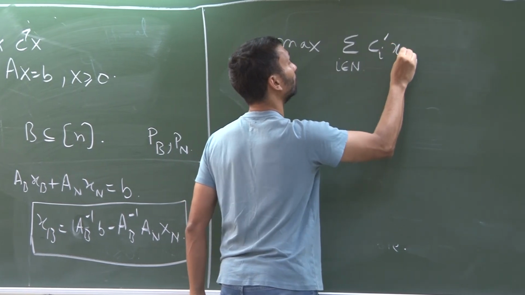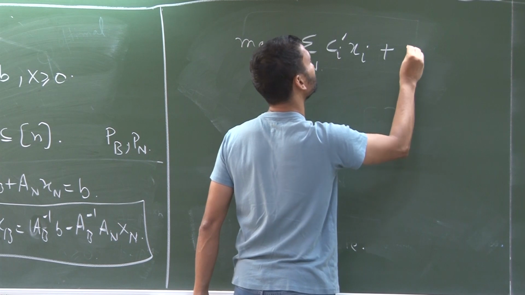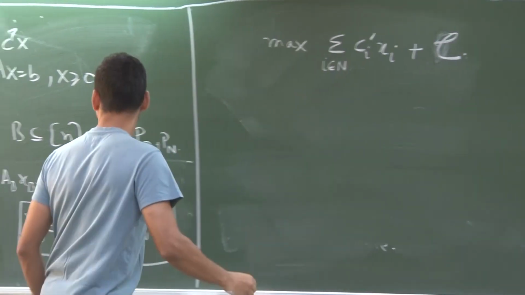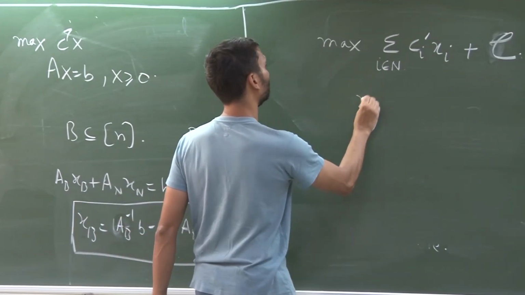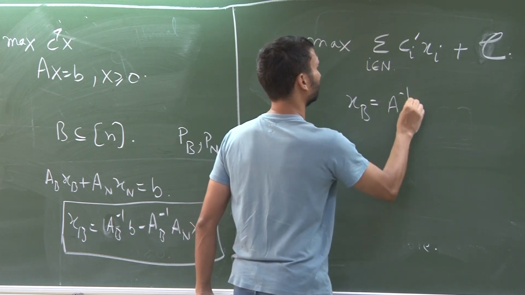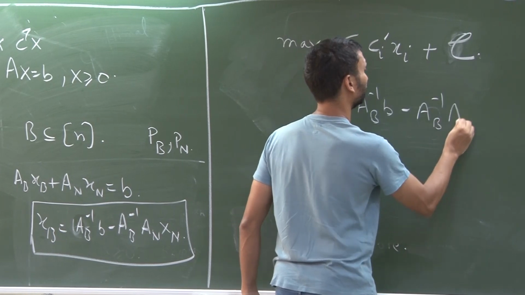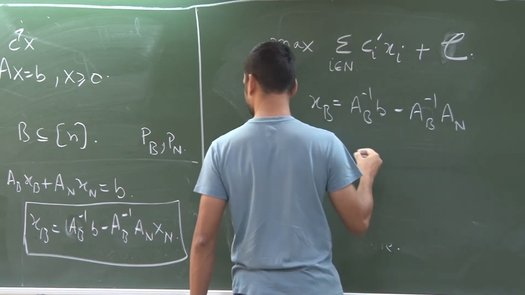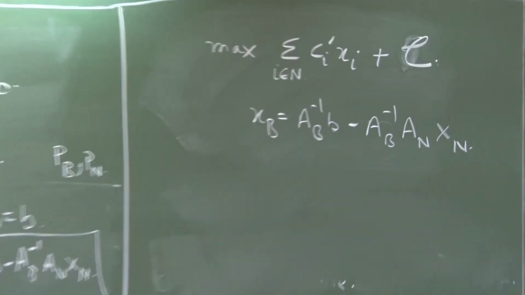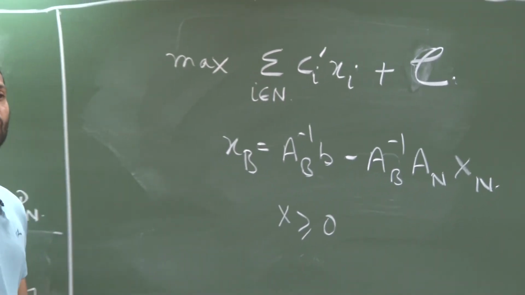C prime, say, let's say plus some big constant C. What have I done?